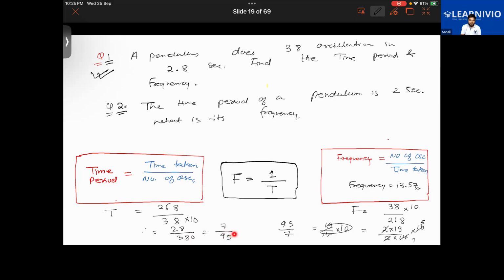Dividing it further, in decimal you will get 0.0736, and that is correct. Getting it, everyone?